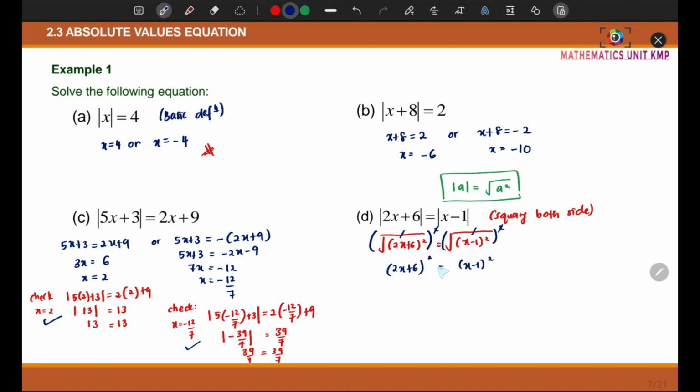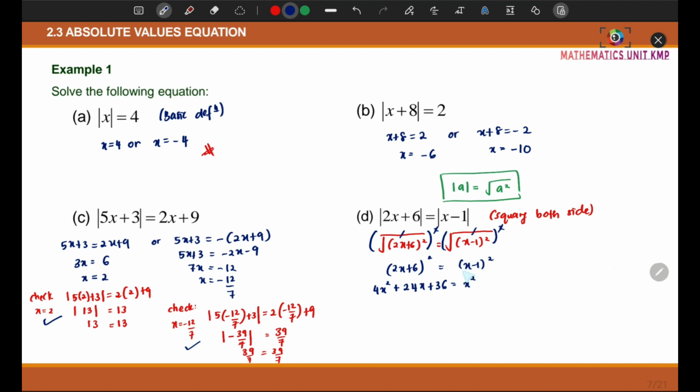Next we will expand our equation. So 4x squared plus 2 times 2 times 6, so we have 24x, plus 6 squared, 36, equal to x squared.